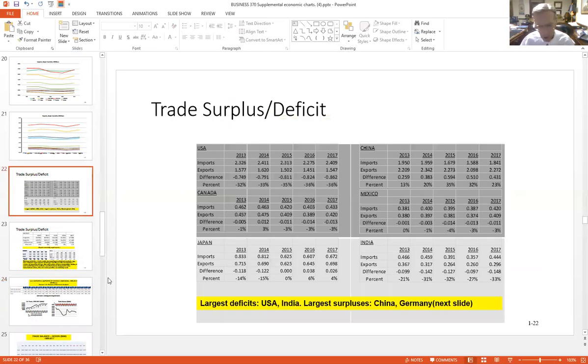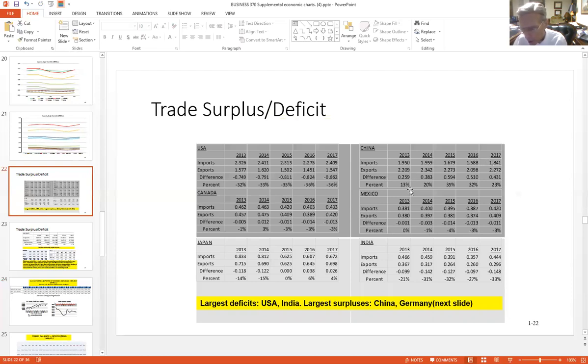A little bit about trade surplus and deficit, very important. You can see that these trends go out to 2017. And what you can see is that the US imports are much greater than exports in 2017, by about 36%. We have some other countries here as well.